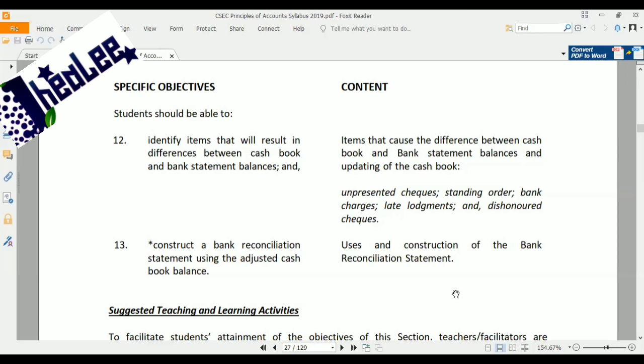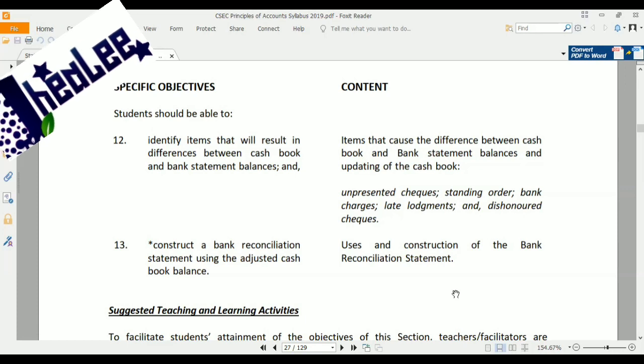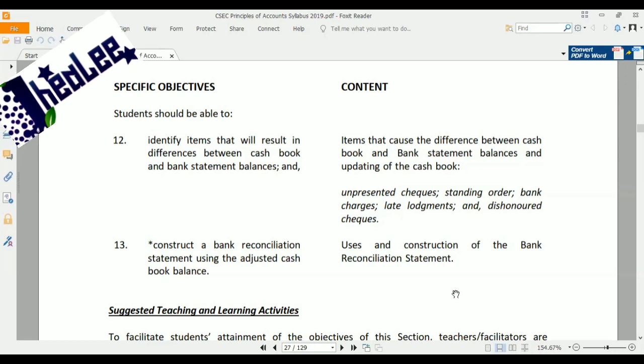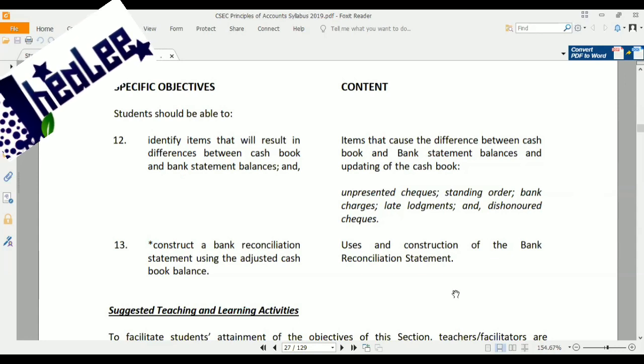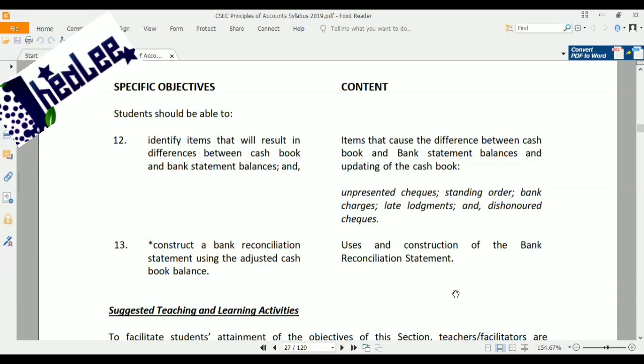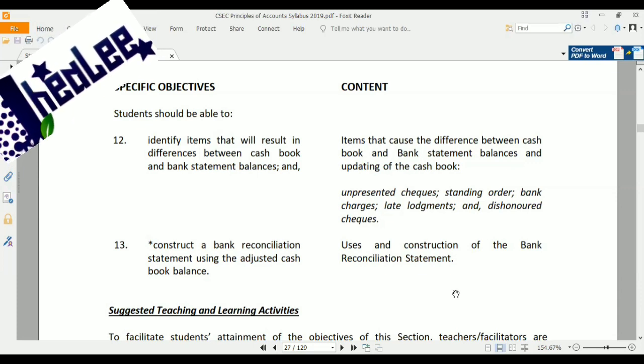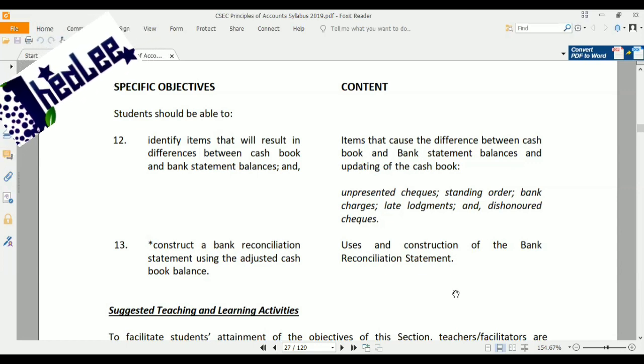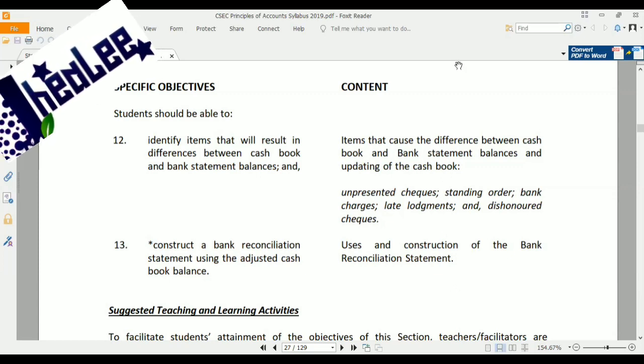Another way the examiners can present the question is to give you a cash book, and after preparing the cash book, another part of that question can be for you to prepare the bank reconciliation statement based on some additional information that is presented. So those are some tips, and those are the items that you should look out for as it relates to control systems. Remember, control systems is not just control account. Control systems also take into consideration errors, suspense, and bank reconciliation statement.